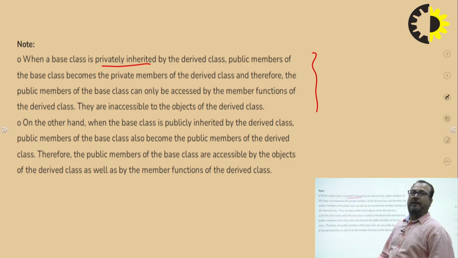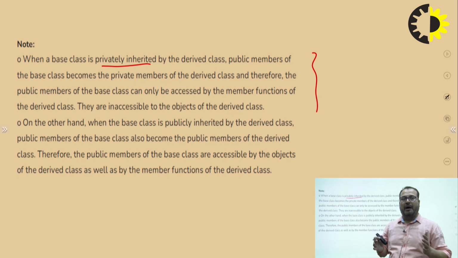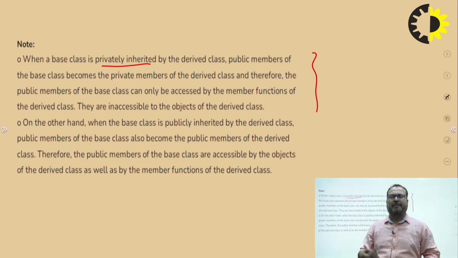In general you simply create the object of the derived class, and by the object you access the public data and public member functions.